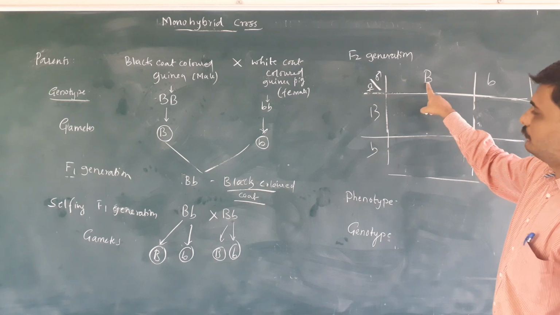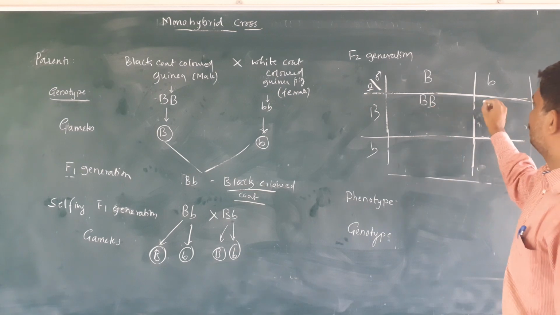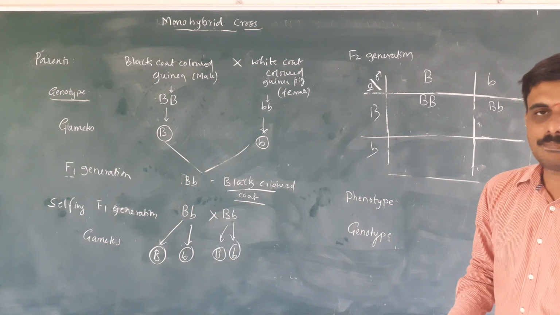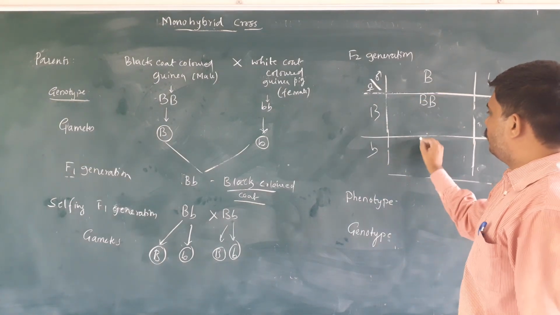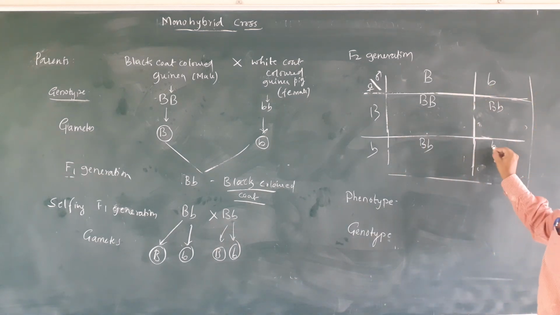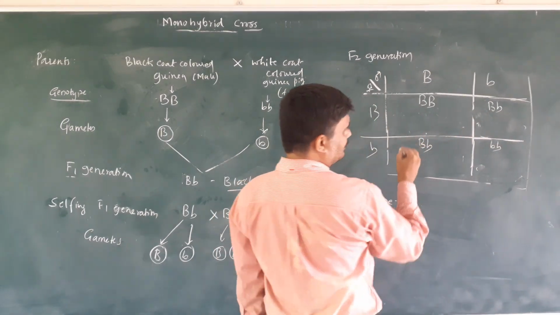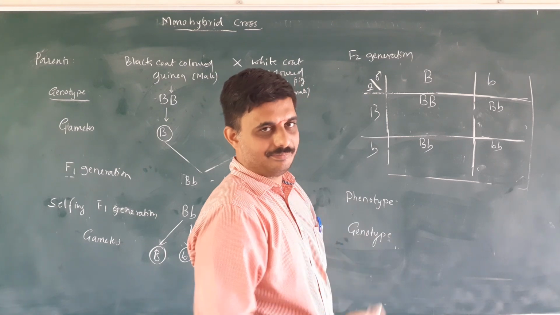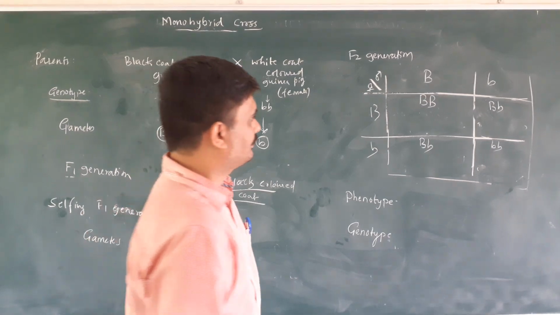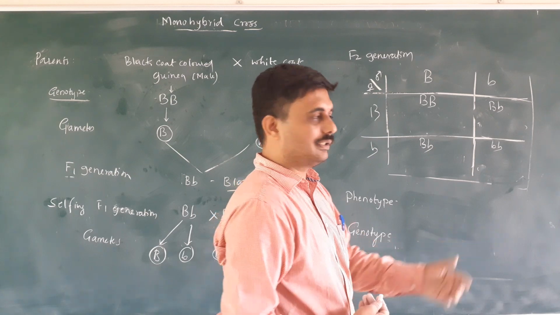This gamete fuses with this gamete to form the zygote, capital B capital B. Here capital B and small b form the zygote, capital B small b. Here capital B and small b form the zygote, capital B small b. Here small b and small b form the zygote, small b small b. Actually, in the case of animals we use the terminology homogametic; homozygous is used in the case of plants, homogametic in the case of animals.